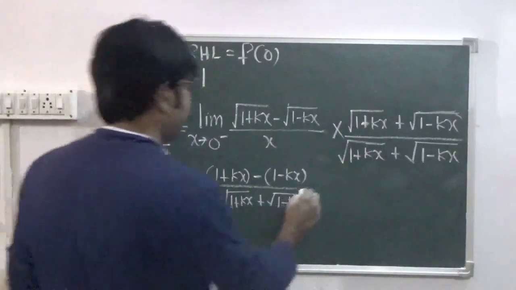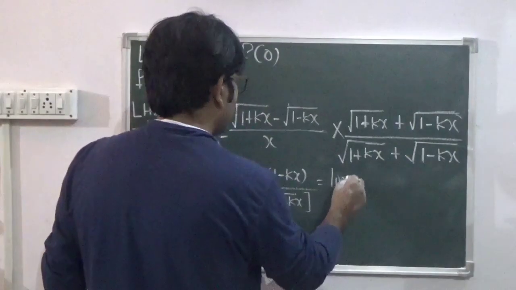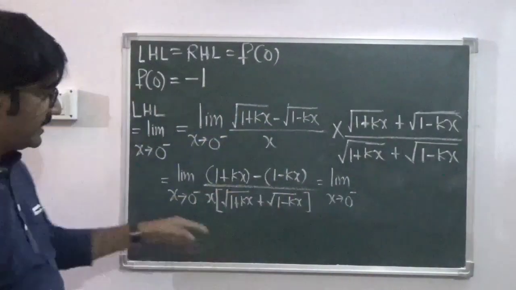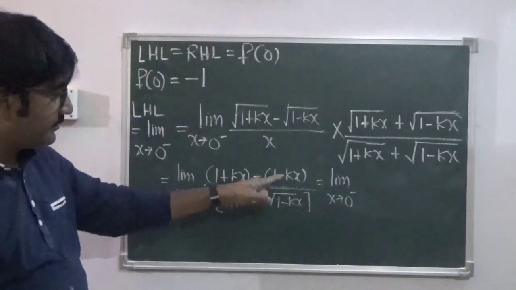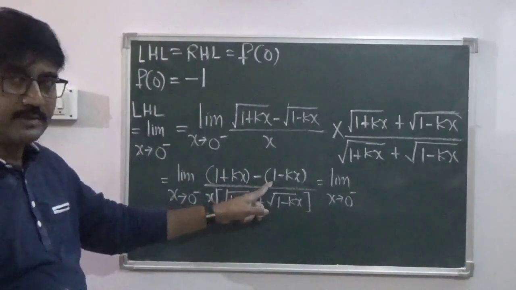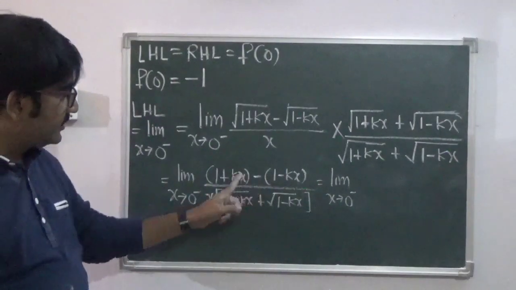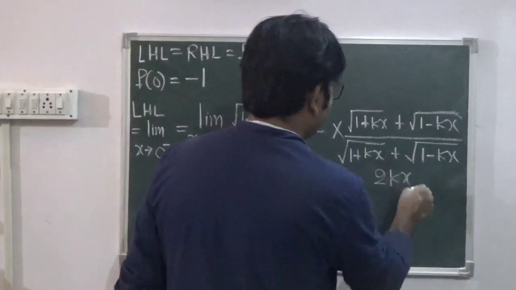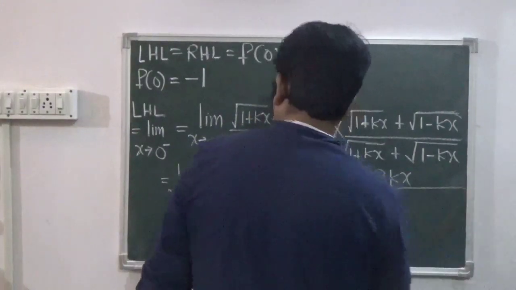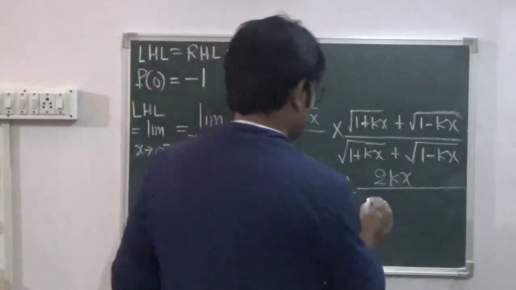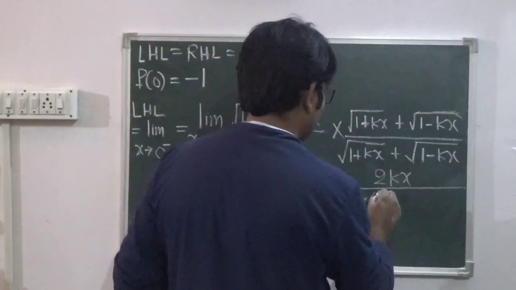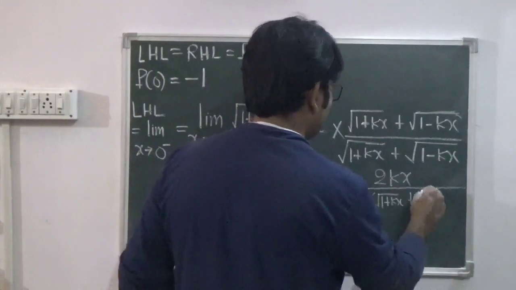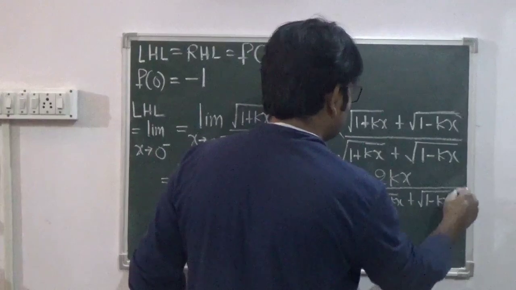So this is equal to limit x tends to 0 negative. If you open this bracket, 1 plus kx minus 1 plus kx, so 1 and minus 1 will be eliminated. Here kx plus kx is 2kx, and here it is x into root over 1 plus kx plus root over 1 minus kx.